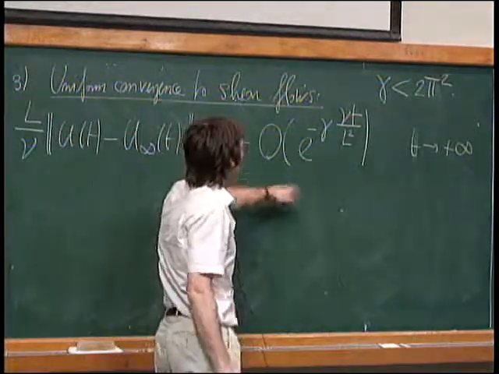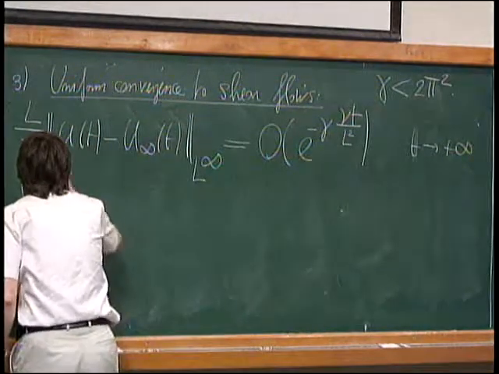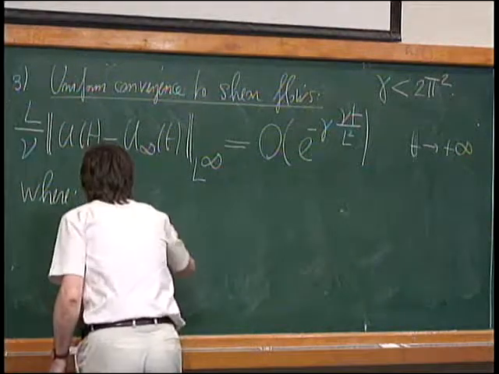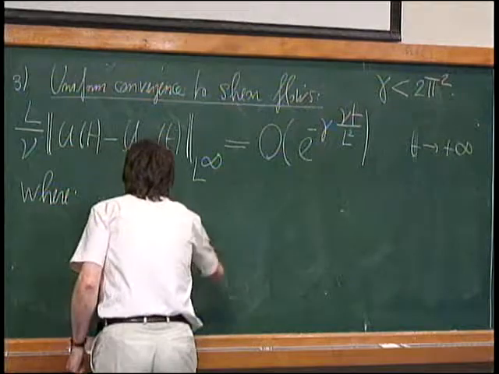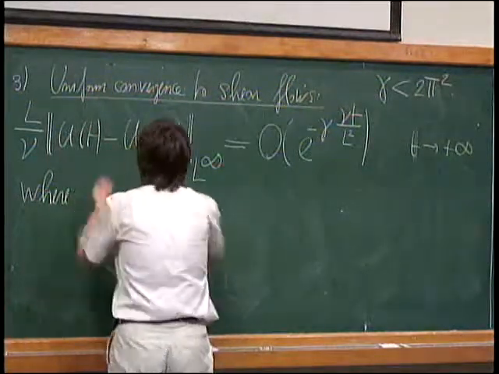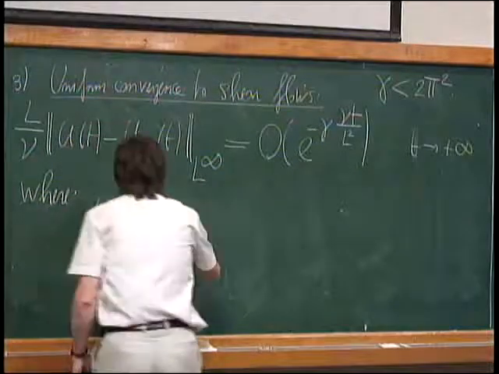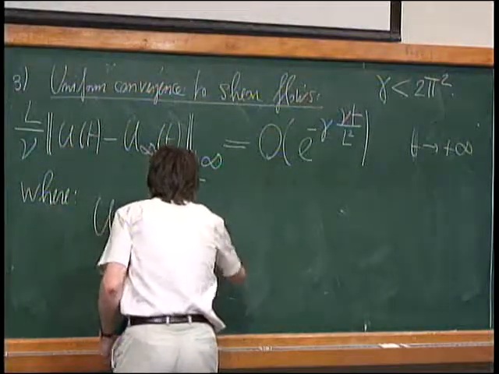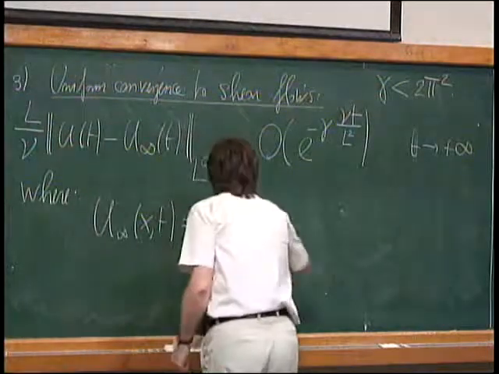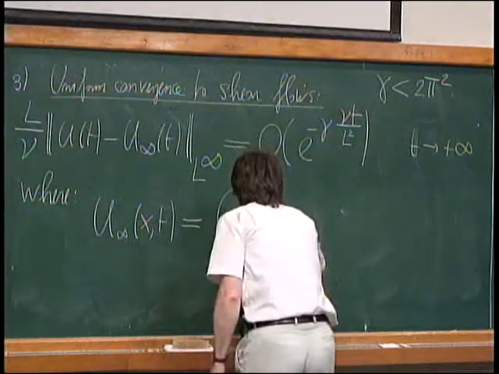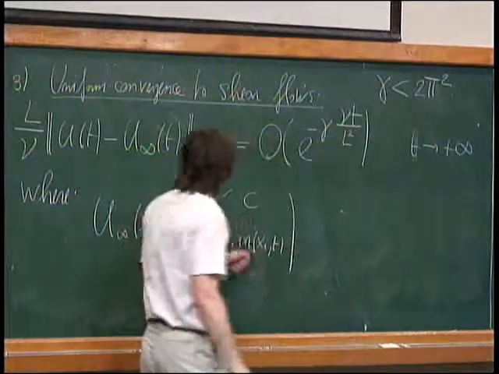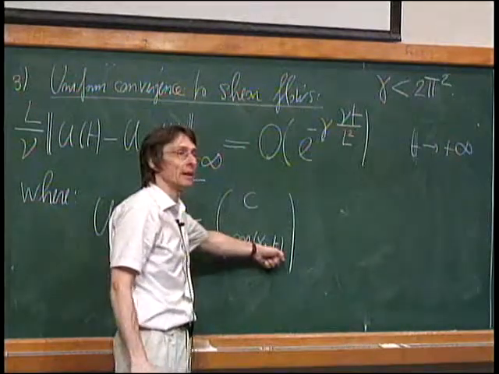Okay, so where, of course, u infinity of t is what? So u infinity of t is a vector field, so it depends also on x. I don't write the dependence on x inside the norm, but when I want to define the vector field, I have to specify it. So it has 2 components. The first one is a constant, and the second one is a function which depends only on x1 and t.